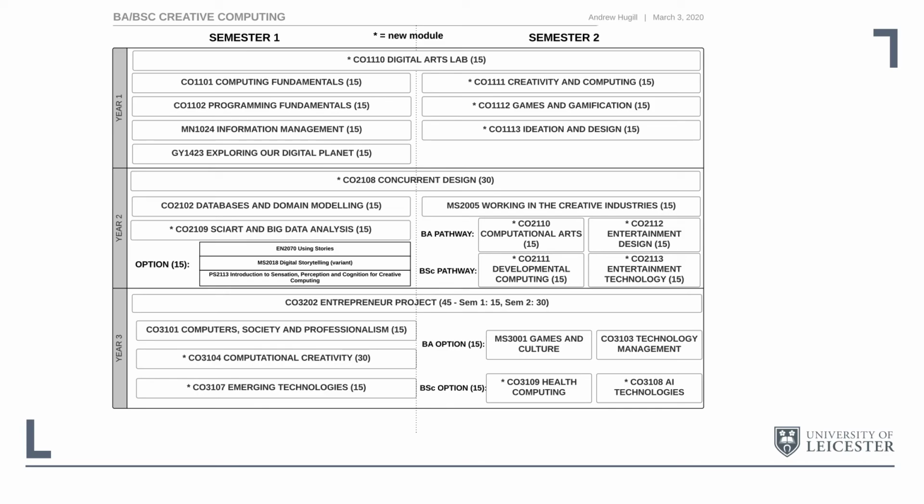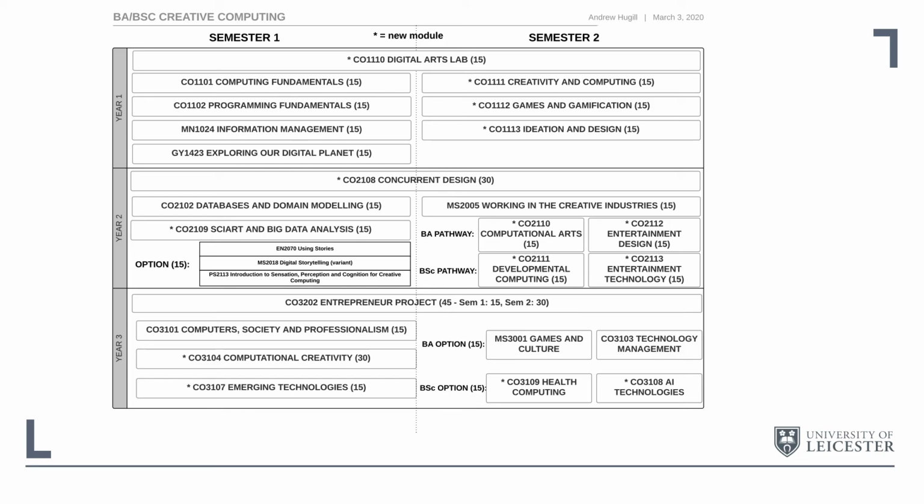And then if you're on the BA pathway, you do the Games and Culture and Technology Management modules. Games and Culture, this is about the way that games function in society and the wider culture. And Technology Management is really about innovation. And you will be innovating as part of the course, so being able to manage that effectively is very important.